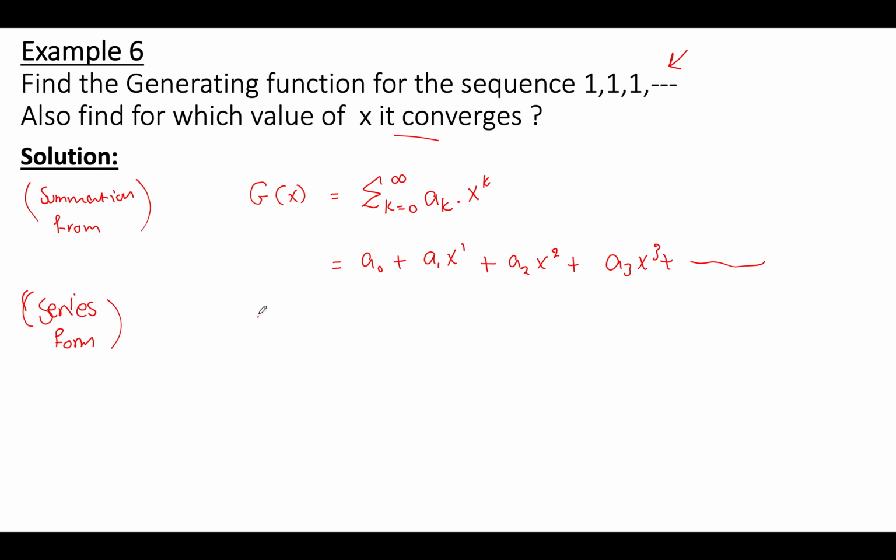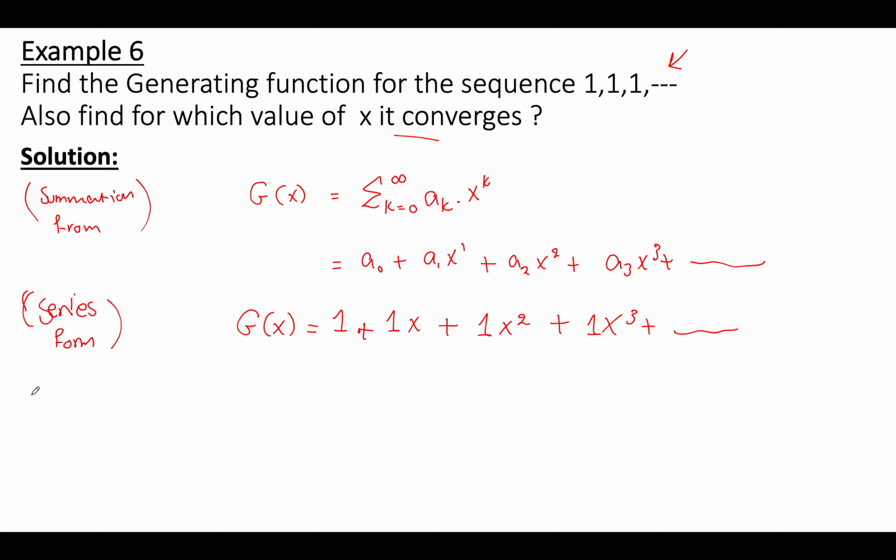So from here we can see that my series form of the sequence is equal to 1 plus 1x plus 1x squared plus 1x cubed, and so on. So the numbers in the sequence basically represent the constant I got in front of x, which is the a.